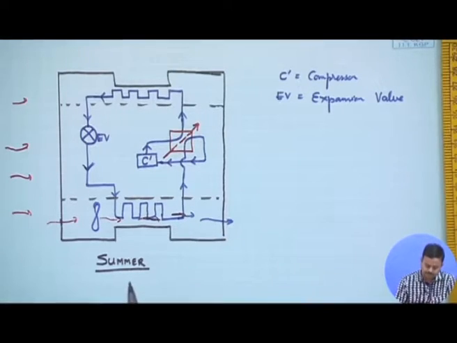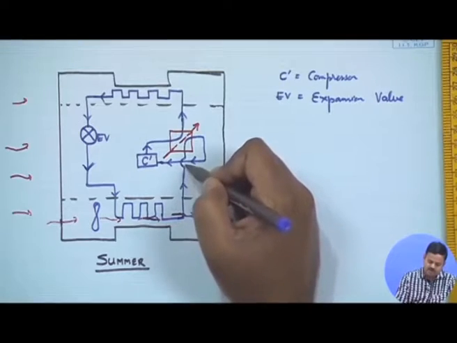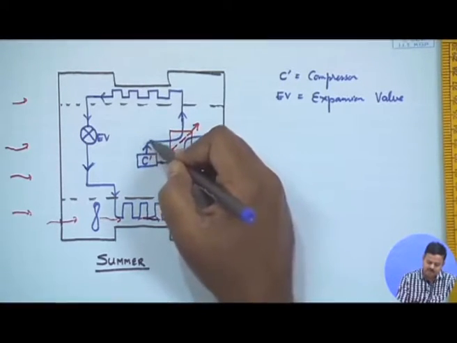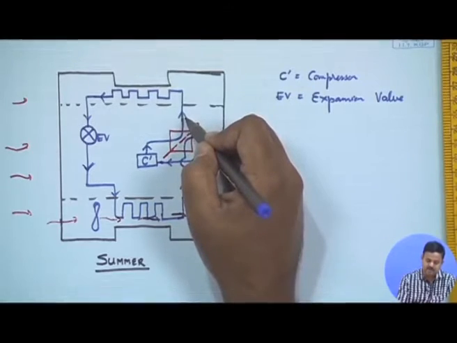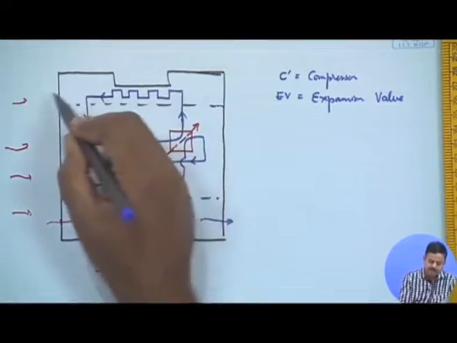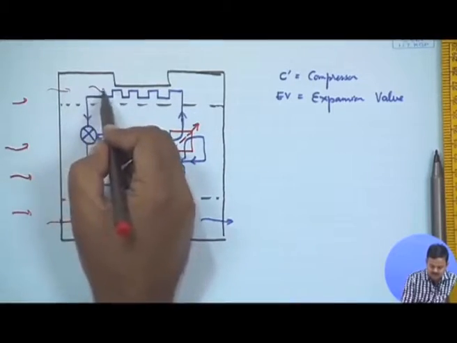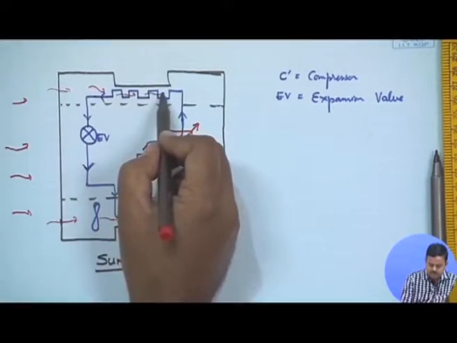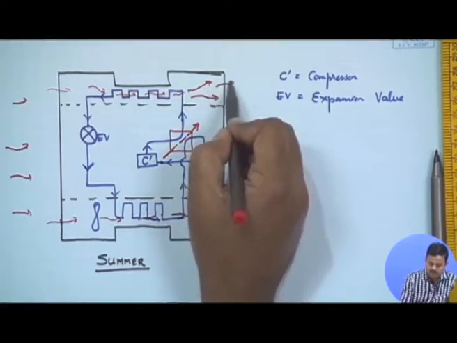Clear? And then of course, the refrigerant vapor goes to the compressor, where it is compressed, comes out as high temperature, high pressure vapor, where again the ambient air flows over it and comes out at an even higher temperature.